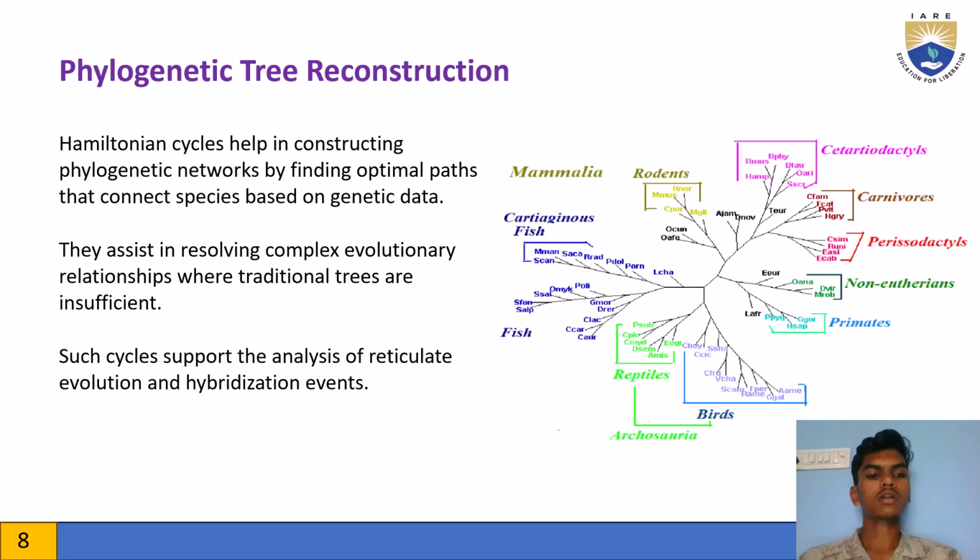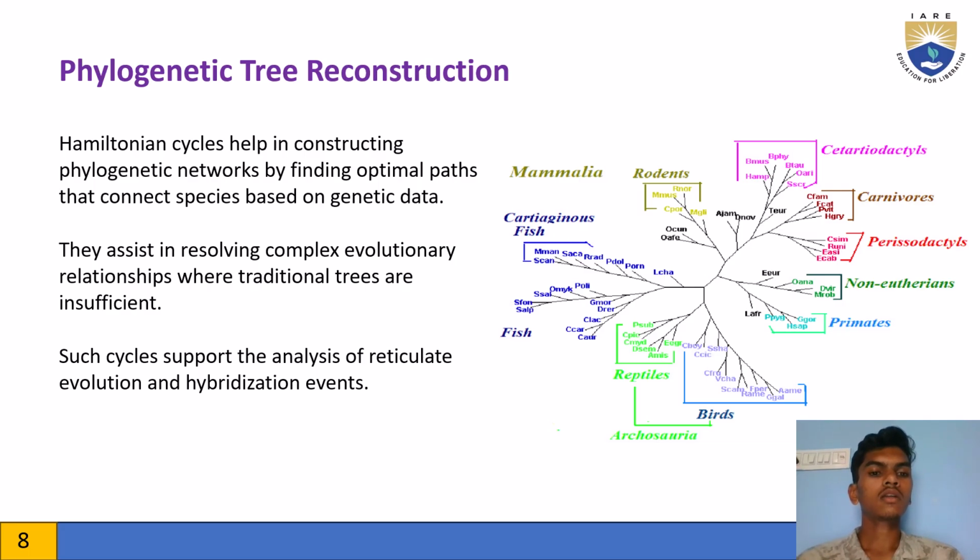And in our eighth slide, there is phylogenetic tree reconstruction. You can see the image of the phylogenetic tree reconstruction, which looks like a tree, and Hamiltonian cycles help in constructing phylogenetic networks by finding optimal paths that connect species based on genetic data.